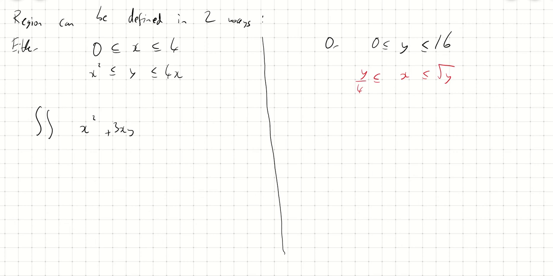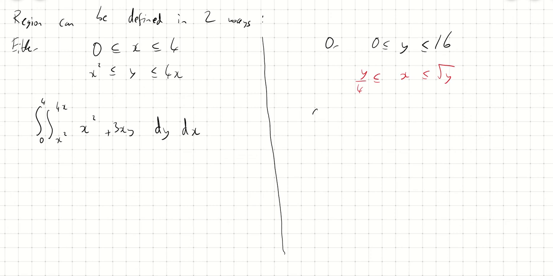The constant limits, 0 to 4, go on the outside, and the limits that depend on the other variable go on the inside. So our x squared to 4x limits we'll do on the inside. The inner limits are the y limits and the outer limits are the x limits, so this integration can be written as a dy dx integral.